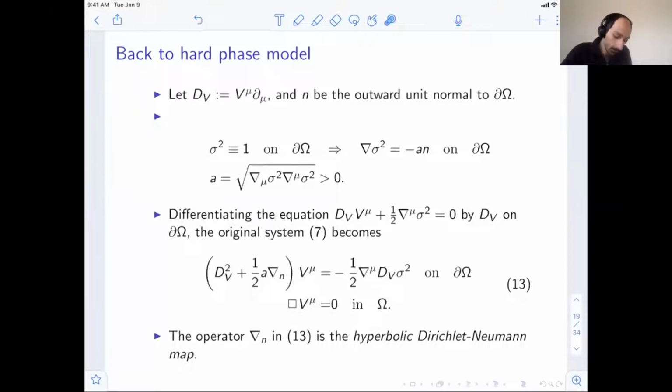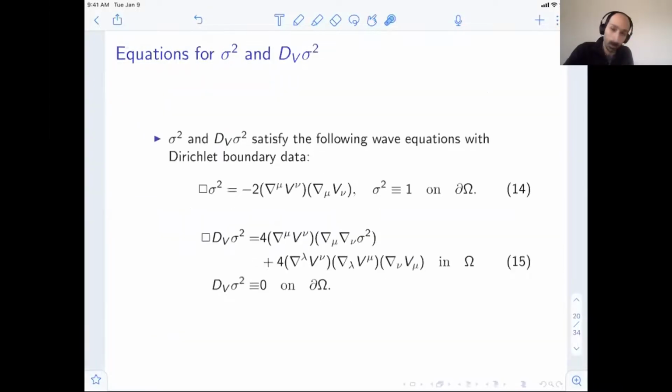Okay, so then we ask what can we do? Likewise, this dv of sigma squared, which is like dv of the pressure, no longer satisfies an elliptic equation. This too satisfies the wave equation with Dirichlet boundary condition. So again, sigma squared itself, the enthalpy, satisfies an equation at the level of one derivative of v, quadratic in one derivative of v, and it's constant on the boundary.